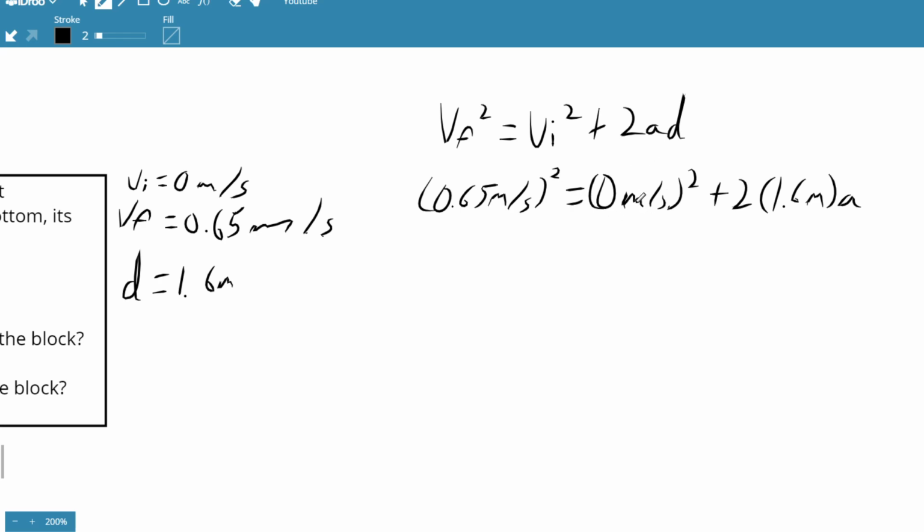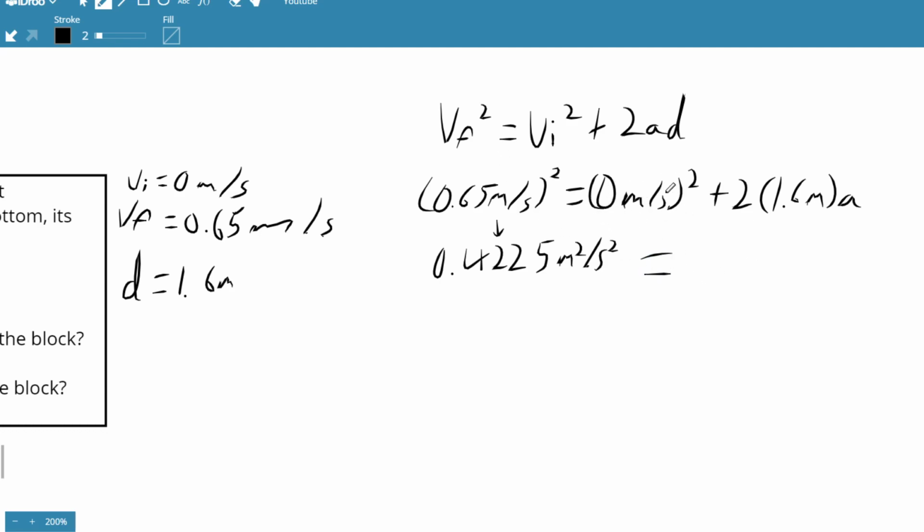Now let's get rid of the exponents. So first of all, 0.65 exponent 2 is 0.4225 meters squared per second squared. Now this unit, meters squared per second squared, doesn't really make sense, but it's fine for now because it'll cancel out later.